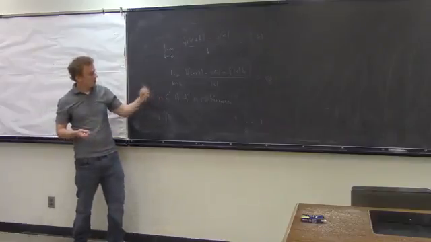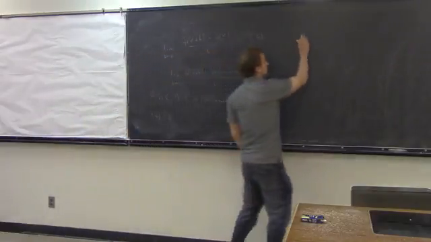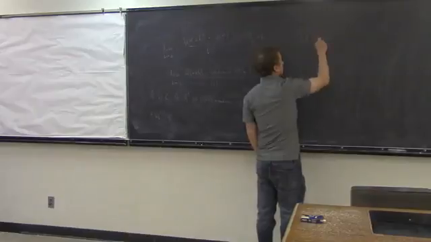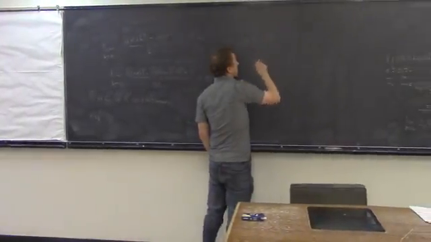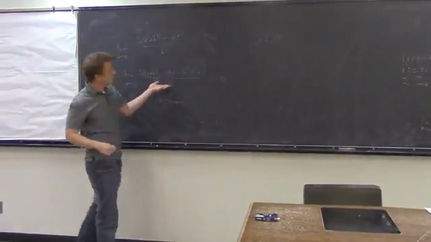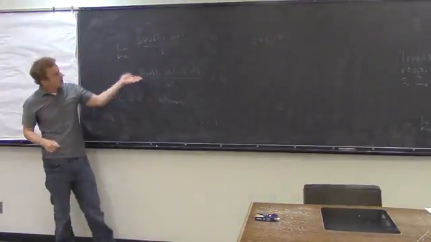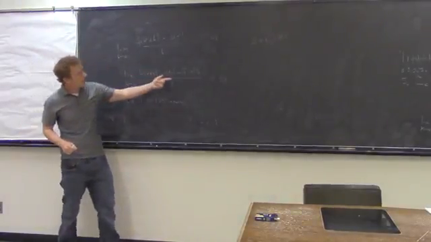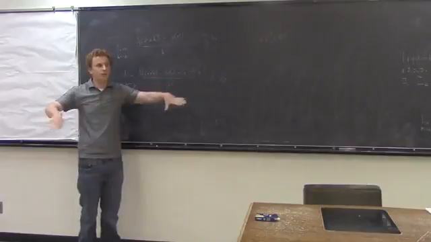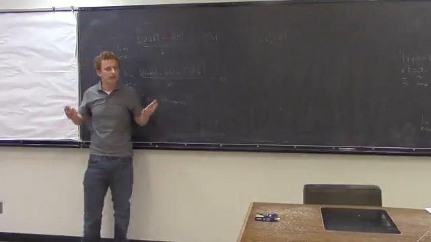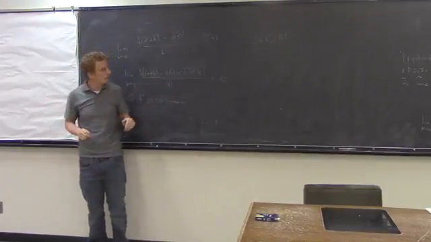So the functions that are C1 and have compact support, these are functions that satisfy this property for every x, and the derivative is continuous, and then they're all 0 outside of, I would say, a big ball, but we're in one dimension now, so they're 0 outside of a big interval.